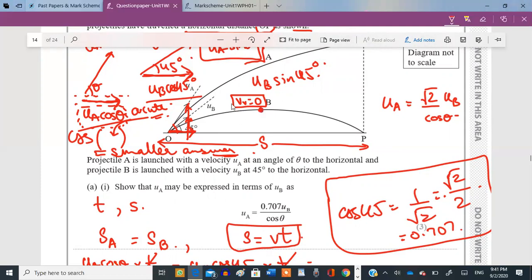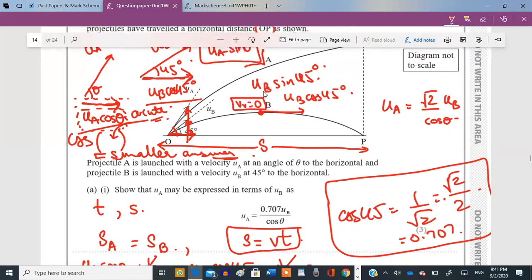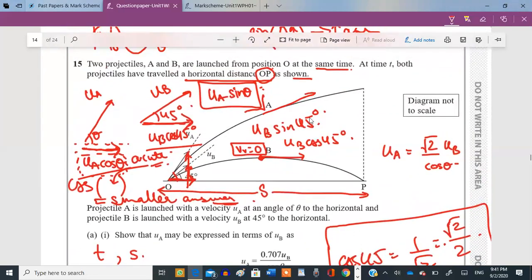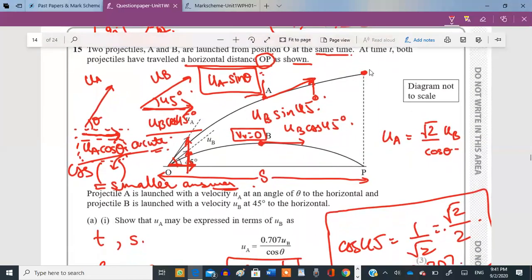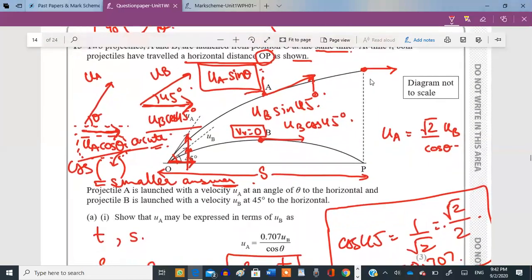At the maximum point, the vertical component becomes zero, and only the horizontal component UB cos of 45 is left. In case of A, it has not yet reached the maximum height, so it will still have some vertical component. Then as it reaches over here, the vertical component will reach near zero because that's almost the peak point.